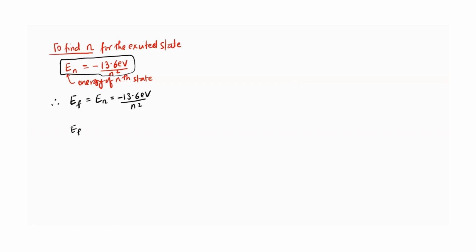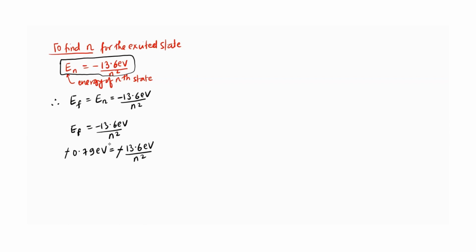So the energy of the final or excited state, minus 0.79 electron volt, equals minus 13.6 electron volt by n square.